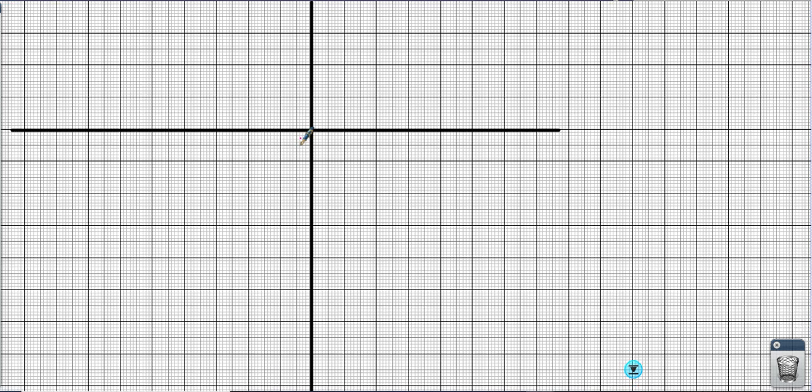So I have 0, minus 1, minus 2, minus 3, minus 4, minus 5, and minus 6. 1, 2, 3. I have 2, 4, 6, 8, and minus 2, minus 4, minus 6, minus 8, minus 10, minus 12, minus 14. Now I can plot my graph.